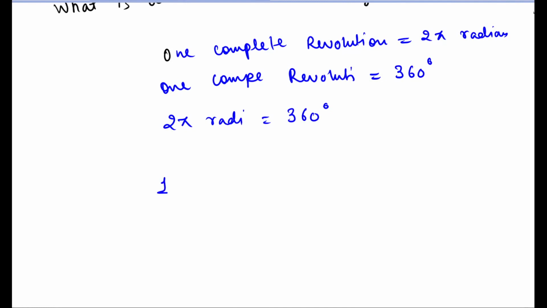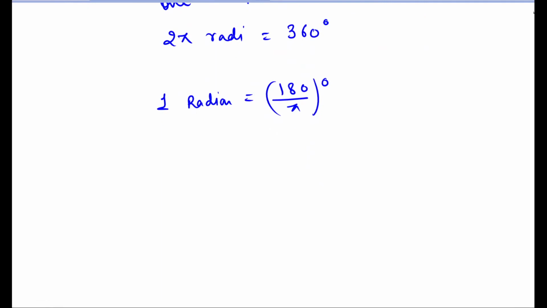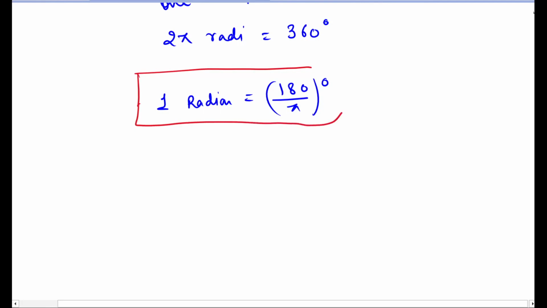So 1 radian is 180 by pi degrees. So this is very important. Or we can say 1 degree is pi by 180 radians.